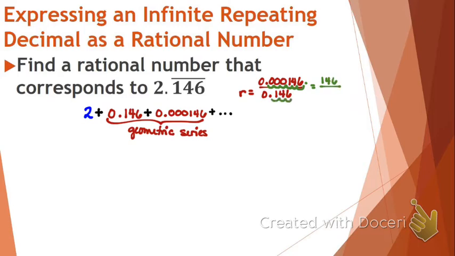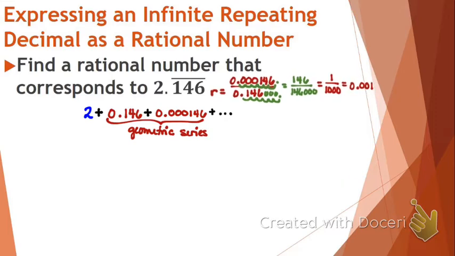So 1, 2, 3, 4, 5, 6 places. I need 3 zeros back here. 1, 4, 6, 0, 0, 0. So 1 over 1,000, 0.001. And I'll move that into the space where you can actually see it. There we go.